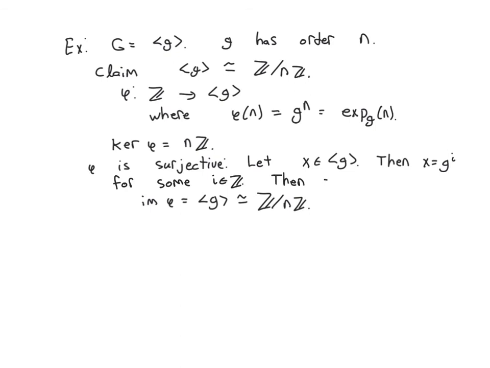Then clearly the exponential function sub g of i is g to the i, which is x. So there you have it. An alternative proof that every cyclic group is isomorphic to Z mod NZ.